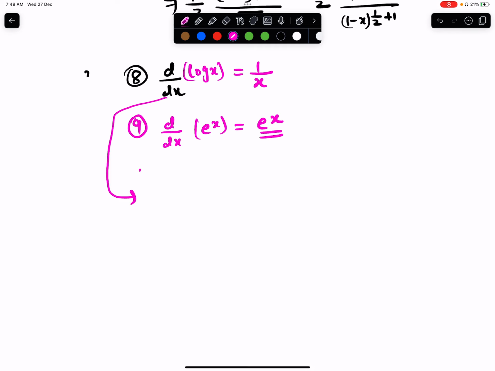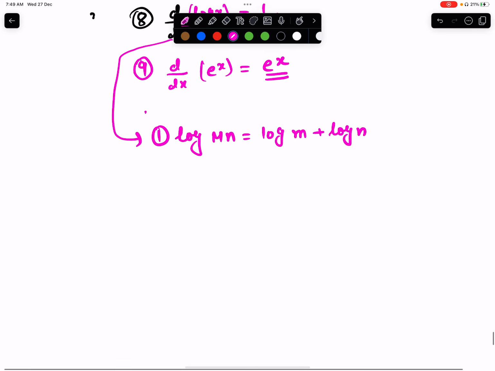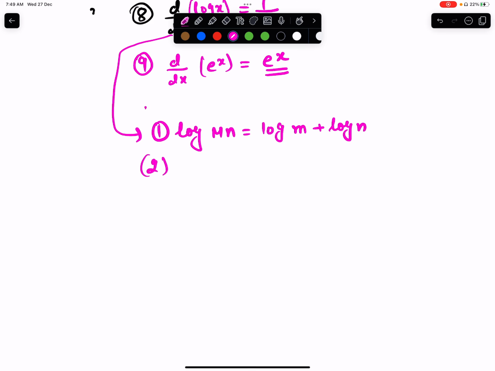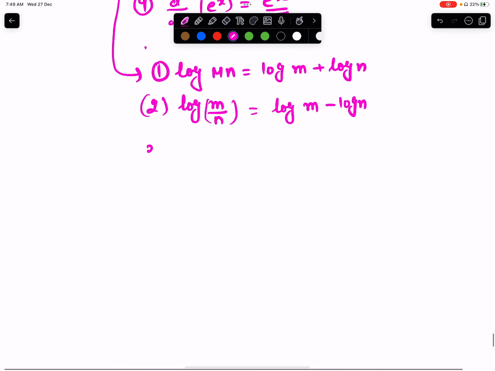The first property of log is, if we have log m into n, we can write it as log m plus log n. Second property of log, m by n, that is equal to log m minus log n. Third property of log is log m raised to the power n. We can write n log m.